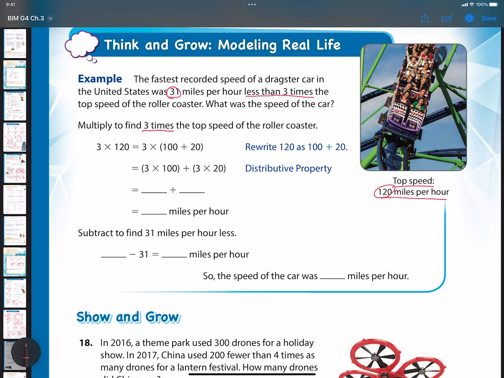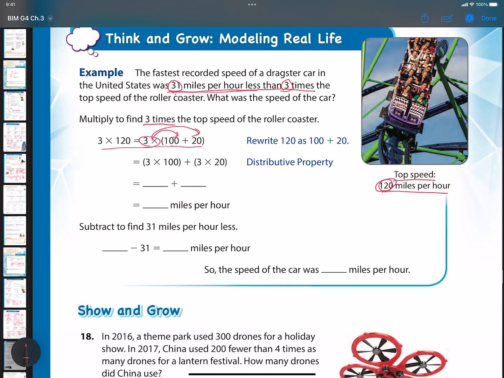Wow, that's fast, right? And then this is what? 31 miles less. So that means what? We are going to subtract at the end, but you need to multiply this first, 3 times this top speed. Okay, so they already broke down this 100 plus 20, and then distribute 220, and you need to add together, right? Which is what? 300 plus 60, which is what?